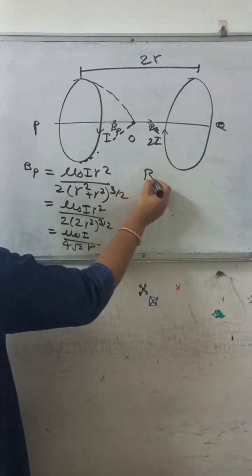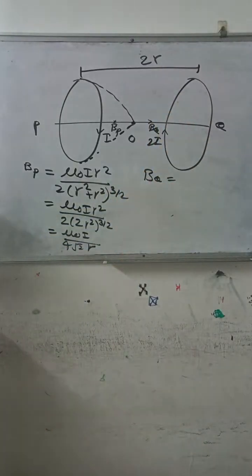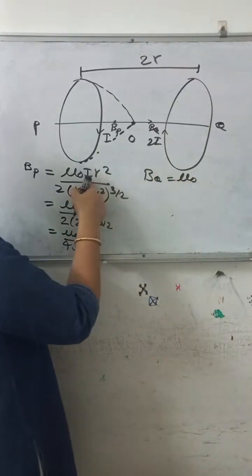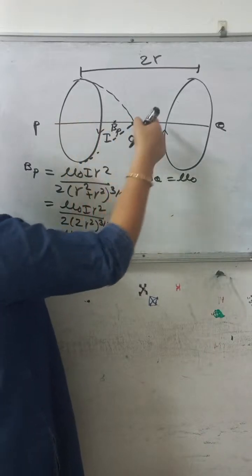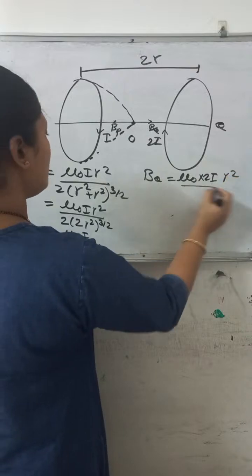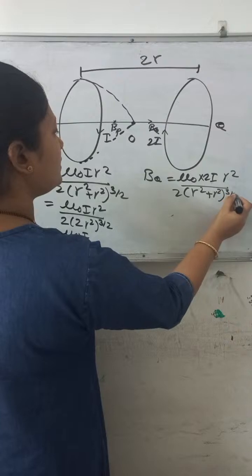Now suppose we take the other loop Q. How much is the current? Only the current value will change here, because the formula remains the same. Here I amount of current is flowing in P and here 2I amount of current is flowing, into R square upon 2 into R square plus R square raised to 3 by 2.